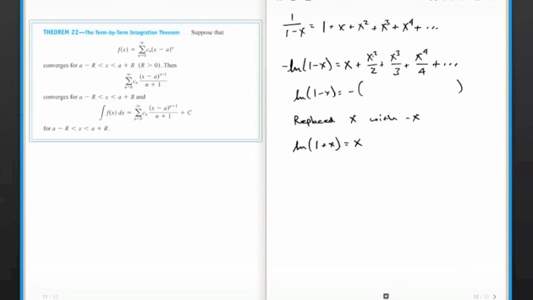Negative x squared would remain positive, but that's going to become negative when I do this, so that becomes negative x squared over 2. And then the cube thing will become negative, but that gets flipped, so it becomes positive x cubed over 3 minus x to the 4th over 4 plus dot dot dot.